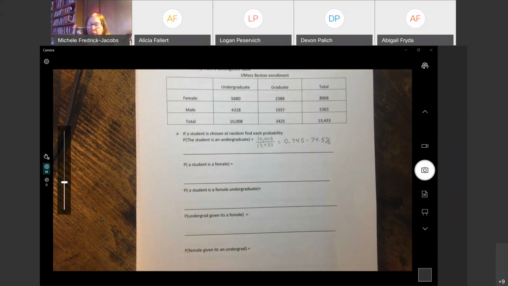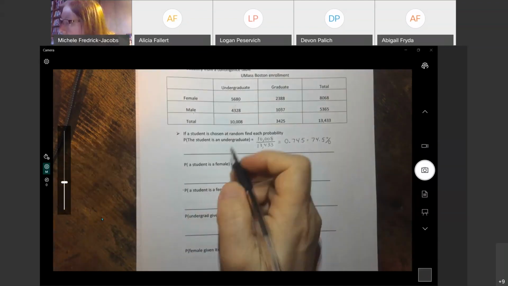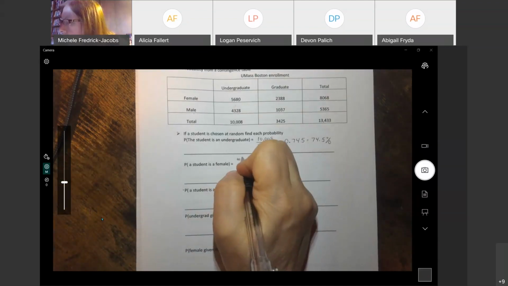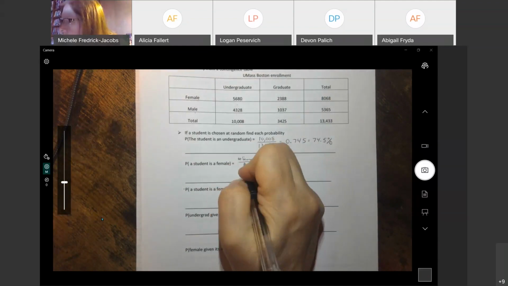60.1. That's what I got. So we took, for females, we want the number of females divided by number of students.